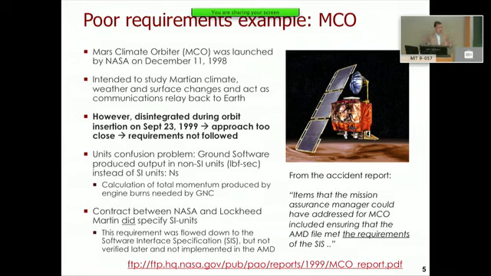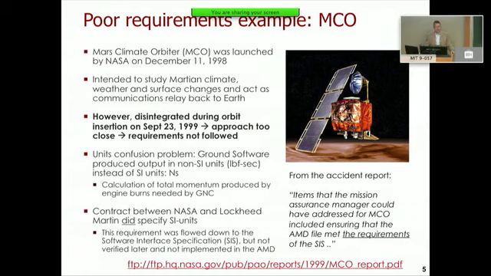Both failed. And unfortunately, MCO burned up. We think contact was lost with the spacecraft after it entered the Martian atmosphere, and there was no more communication, so we don't know for sure.